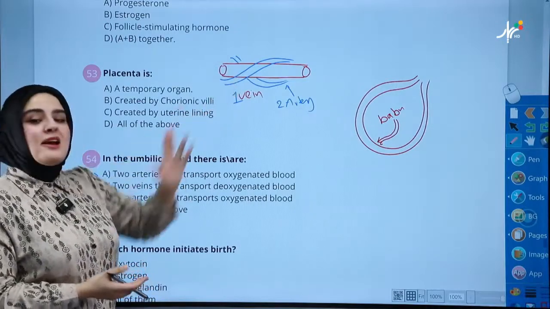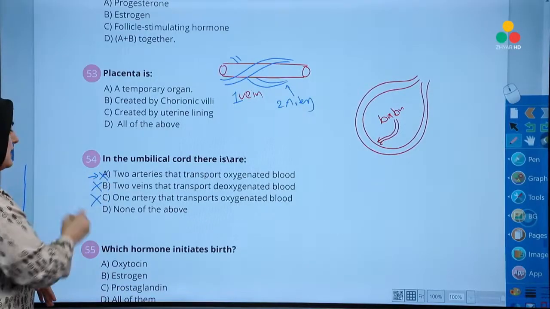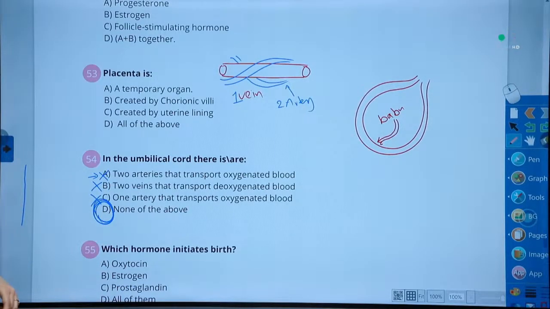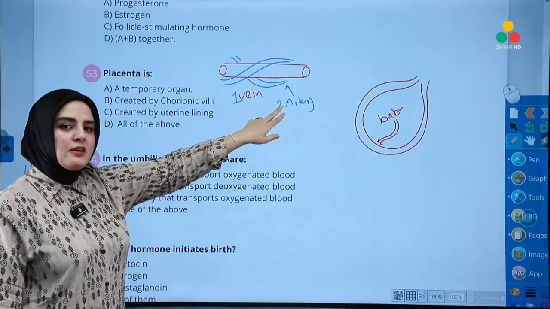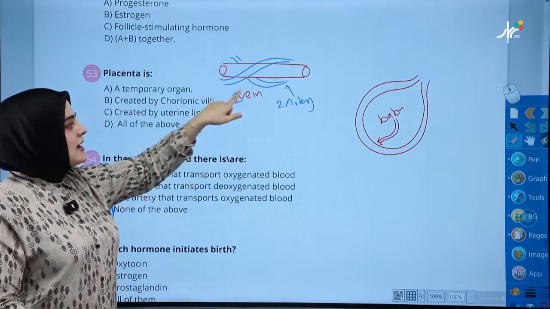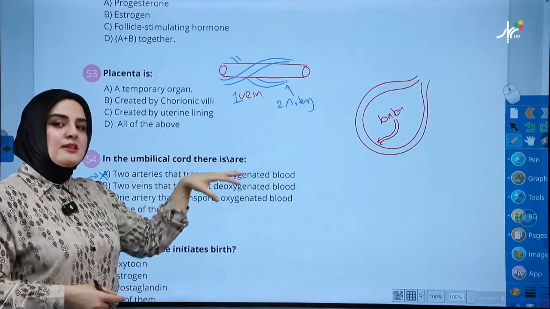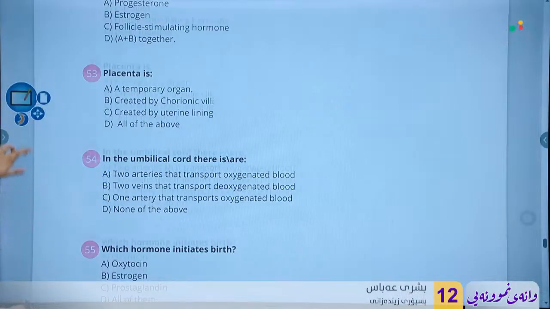Opposite of that, the vein has the oxygenated blood inside it. So this is not correct either. The answer is none of the above is correct. Okay, we have two arteries having the deoxygenated blood and one vein with oxygenated blood. That's the mom sending it to the baby. And it's full of nutrition, of course.